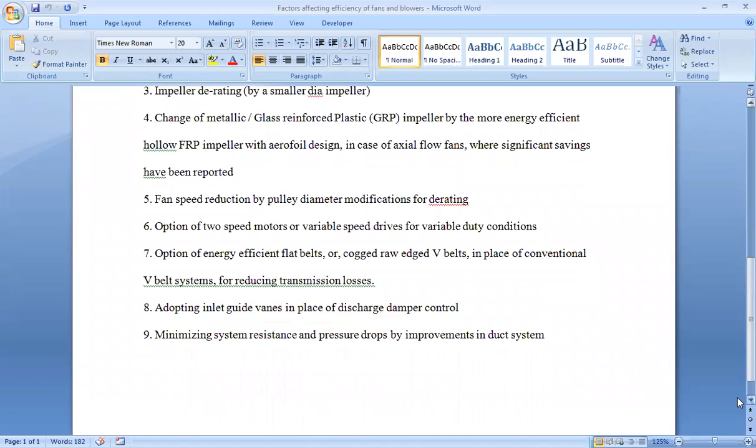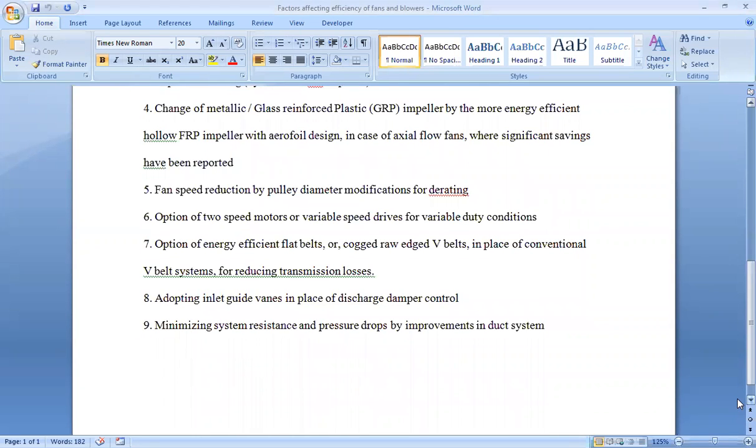adopting inlet guide vanes in place of discharge damper control. It means we have to use guide vanes, so that the air is projected on a particular part of the machine, so that there will be proper cooling of the machine.